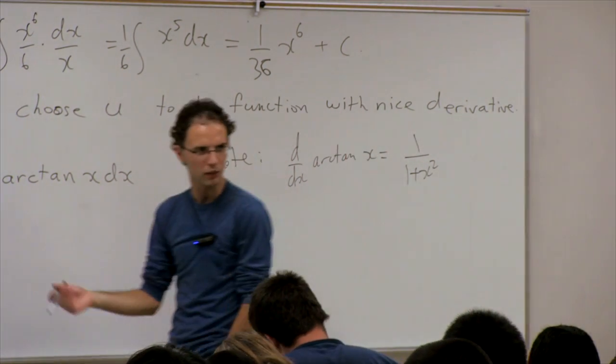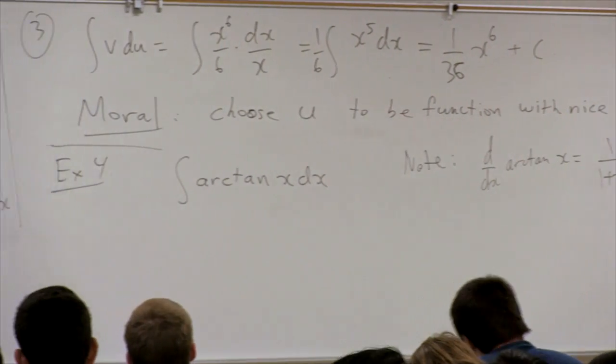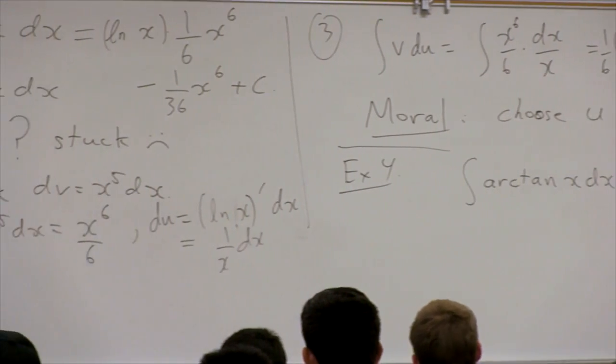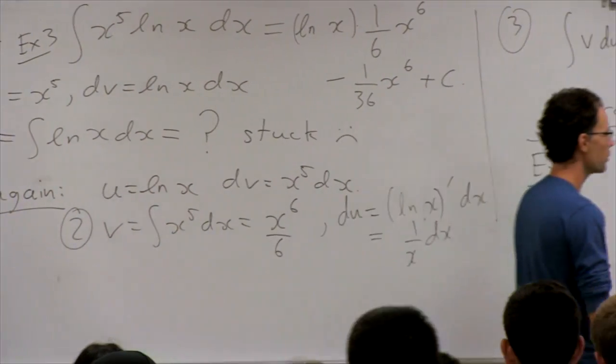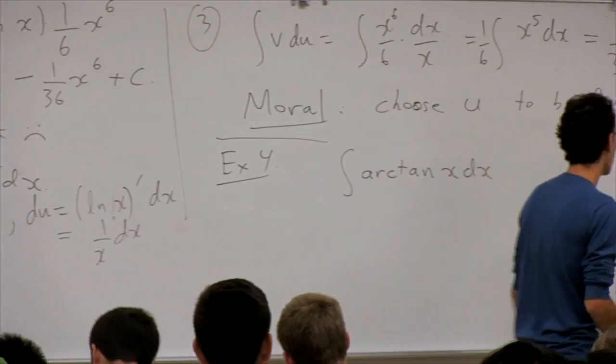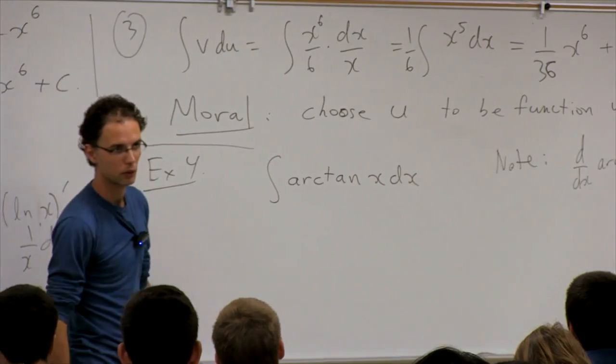It may not seem like an amazingly nice one, but it's clean. You actually can understand it pretty well. Arctan, the inverse of the tangent function, is not immediately obvious what it is. OK, but its derivative is nice, as we know.